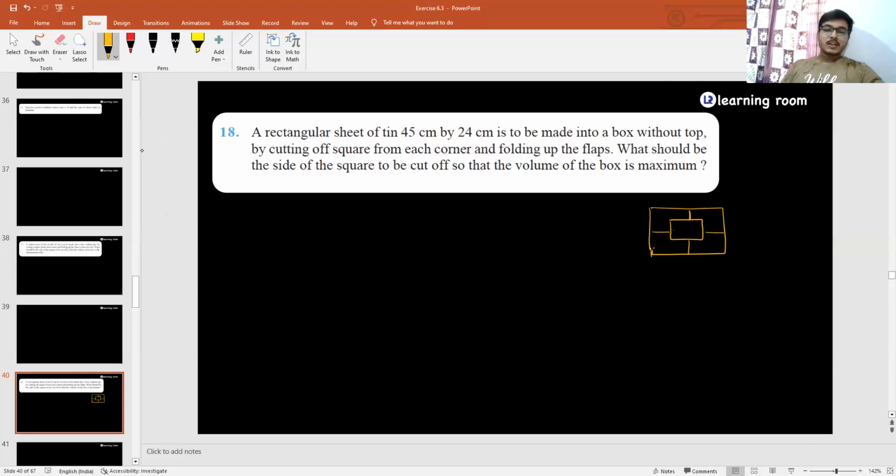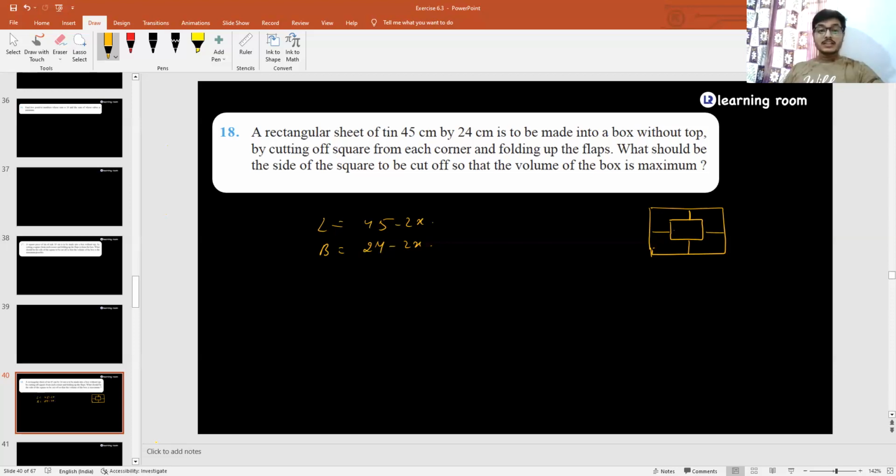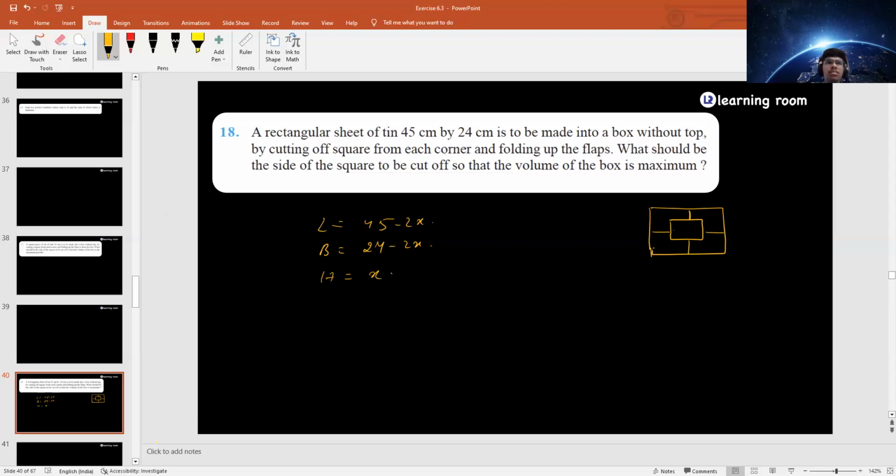Now see here, the length will be 45 minus twice of x, and the breadth will be 24 minus twice of x. Agree, everyone? Yes, sir. And that is to be multiplied. One more thing: for volume, the height will be x only. Right? Yes, sir.